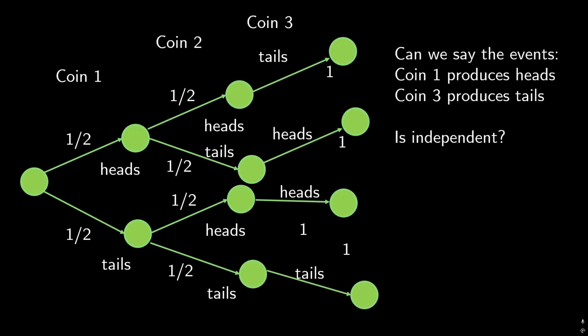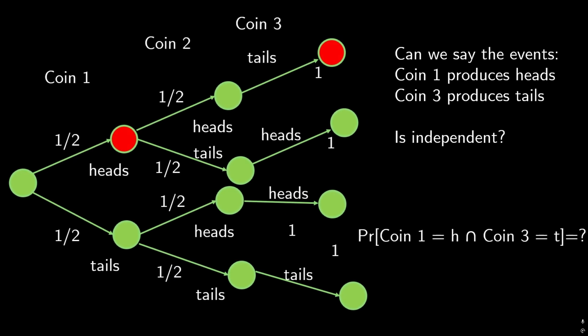We can ask, can we see that the events coin 1 produces heads and coin 3 produces tails are independent? In other words, what is the probability that coin 1 produces heads and coin 3 produces tails? If you check the tree, it has to be from up and up. In other words, coin 1 produces heads, you go up the tree.